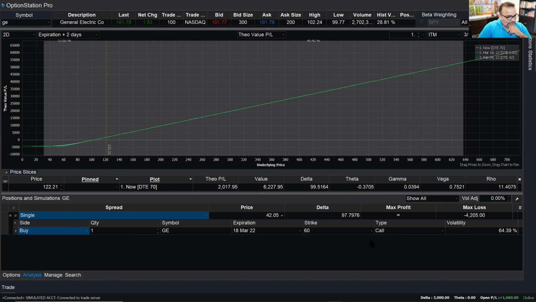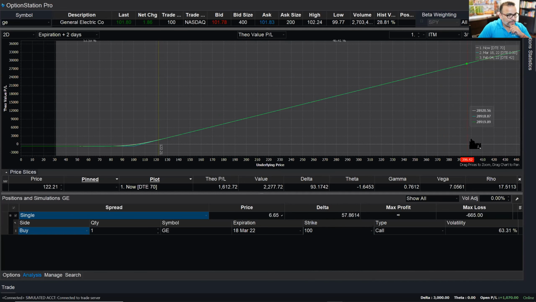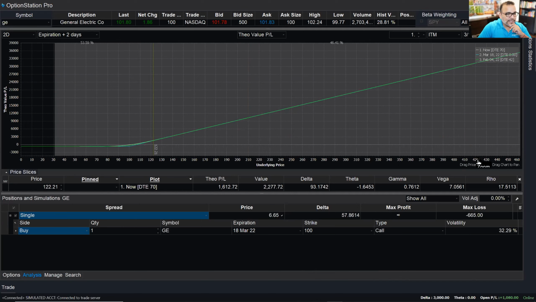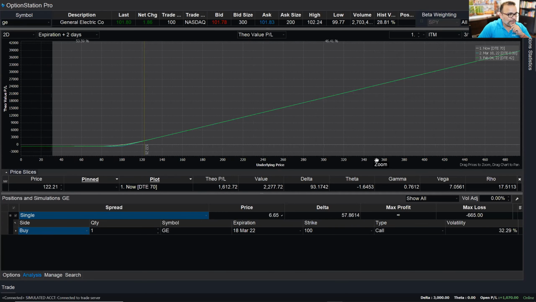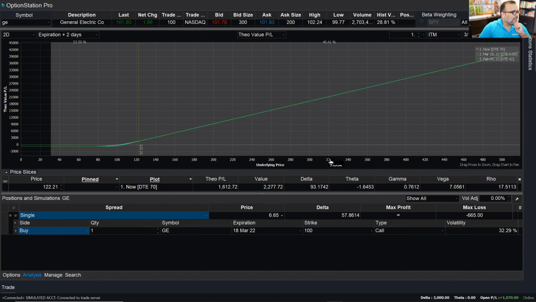If I change the strike here to something closer, let's say 100, it still has all this upward movement. That's pretty odd. What's going on here?